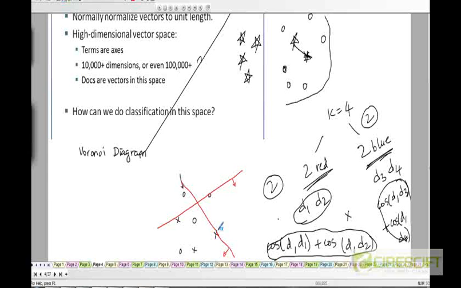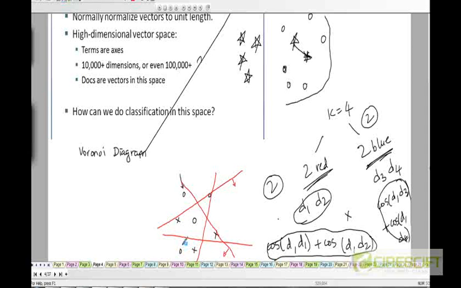Then when we look at this particular neighbor, we'll again draw a line segment, divide it into 2 regions. Then when we look at this particular neighbor, we'll have a line segment over here, and then we'll divide it into 2 regions.